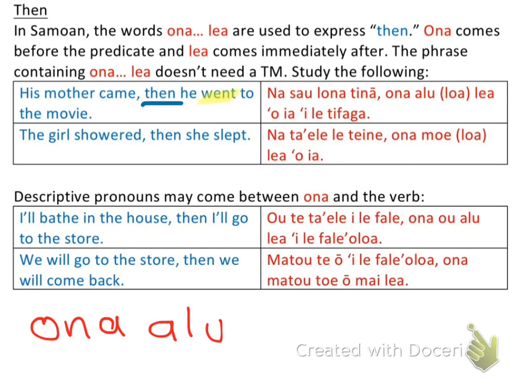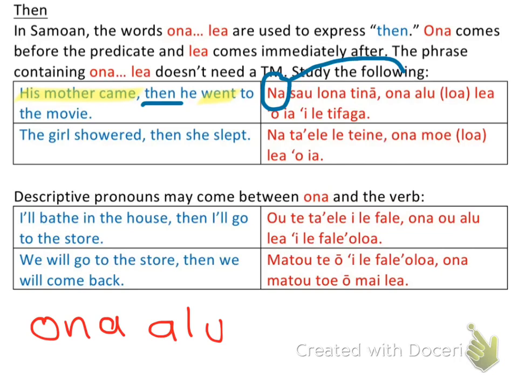So at the beginning of the sentence, his mother came, right here. This tense marker right here, the na, for the first part of the sentence, you can kind of just think as that carries over to this next part of the sentence. Okay, so whichever tense you're speaking in, it kind of depends on the beginning part of the sentence and which tense marker you use there, and it's implied in the then part of the sentence. Okay, so hopefully that makes sense.